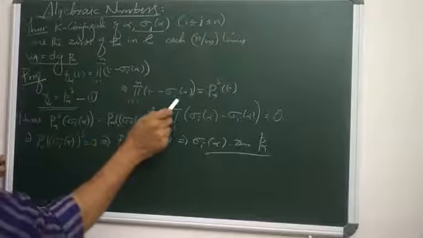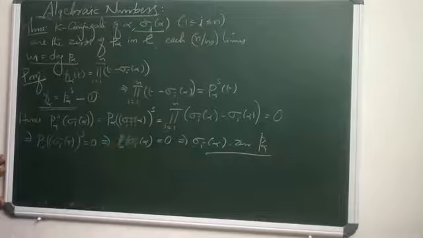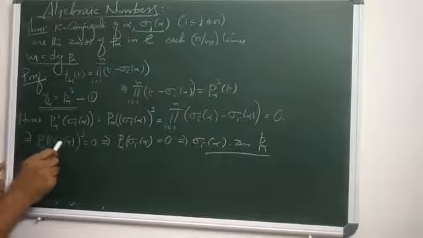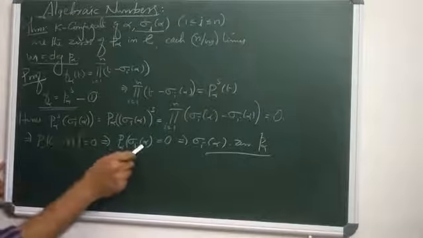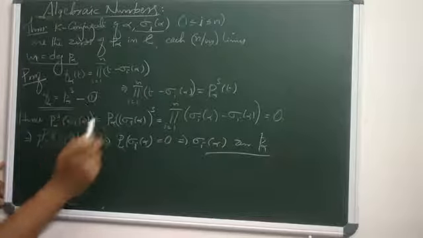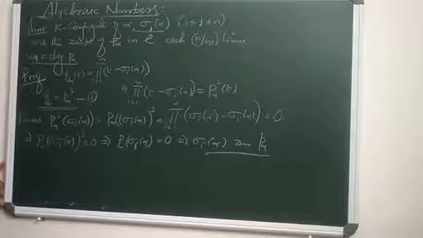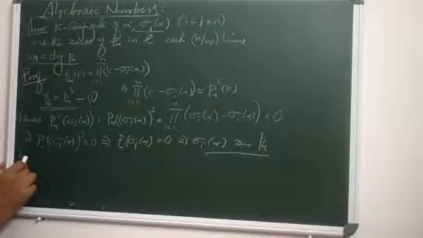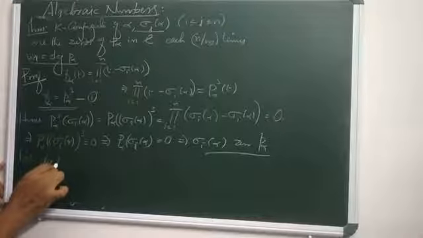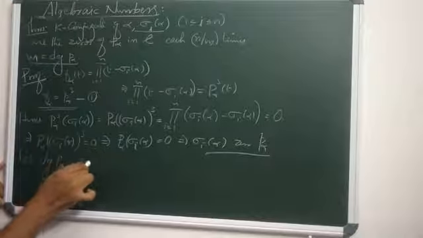That is the product I ranges from 1 to n of sigma I alpha minus sigma I alpha, that becomes 0. Agreed. So that means p alpha of sigma I alpha equals 0. That means sigma I alpha are the roots of the minimal polynomial p alpha. So finished. Now let the degree of p alpha be m. The degree of p alpha is m.